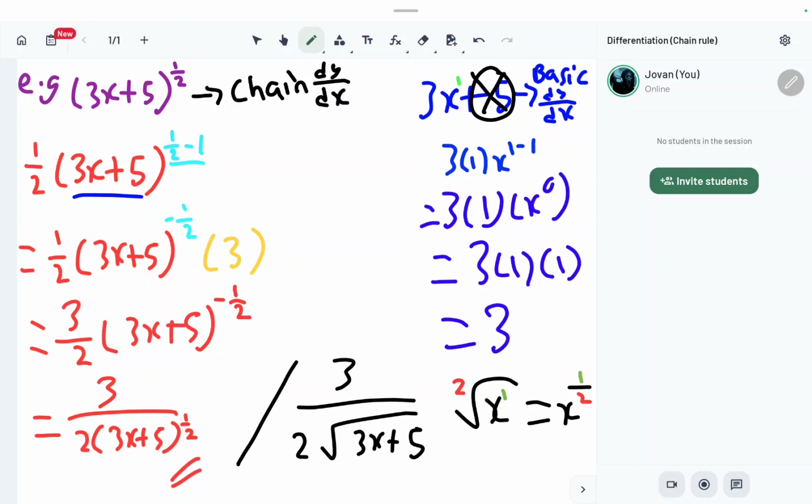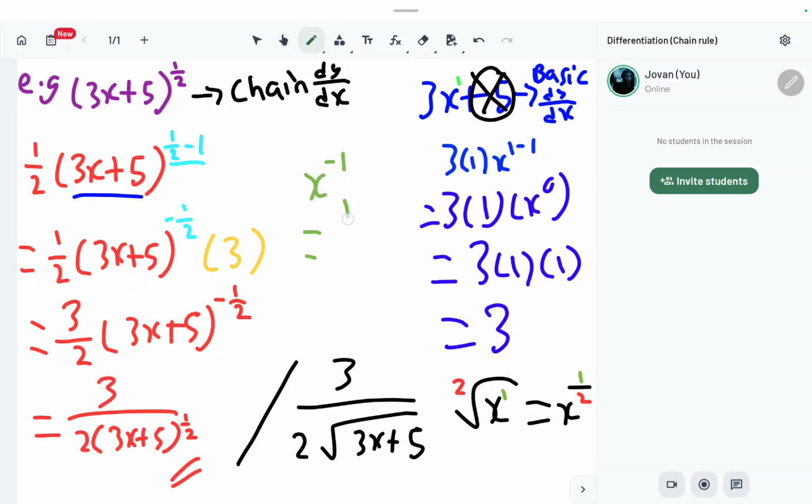You do realize that for chain differentiation, you need to use a bit of your indices, and your indices must be very good. I forgot to mention one more thing. Why do we bring the negative half down? Because at the denominator, let's say you see x to the power of minus 1.